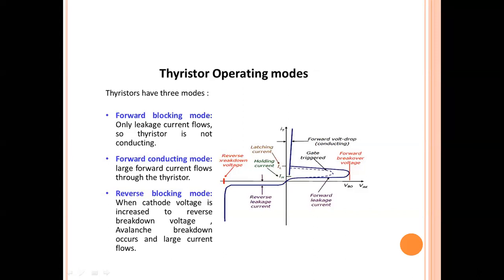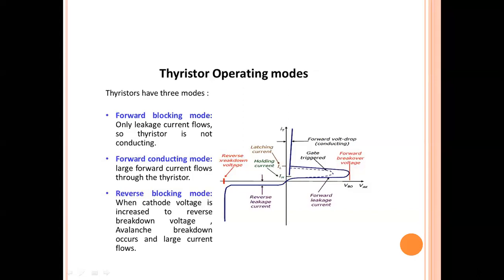So when a positive potential is applied between the anode and cathode, the SCR is in a state in which junction J1 is forward biased, J3 is forward biased, and junction J2 is reverse biased. Is it clear?